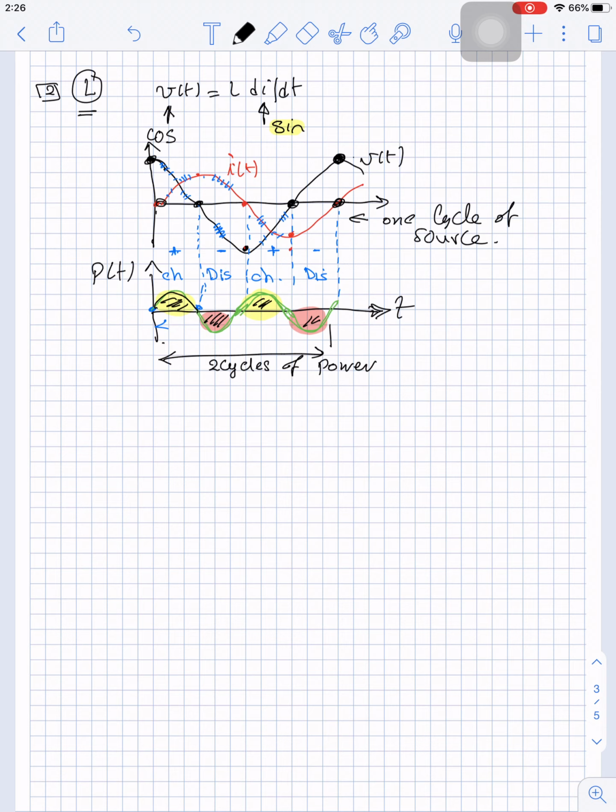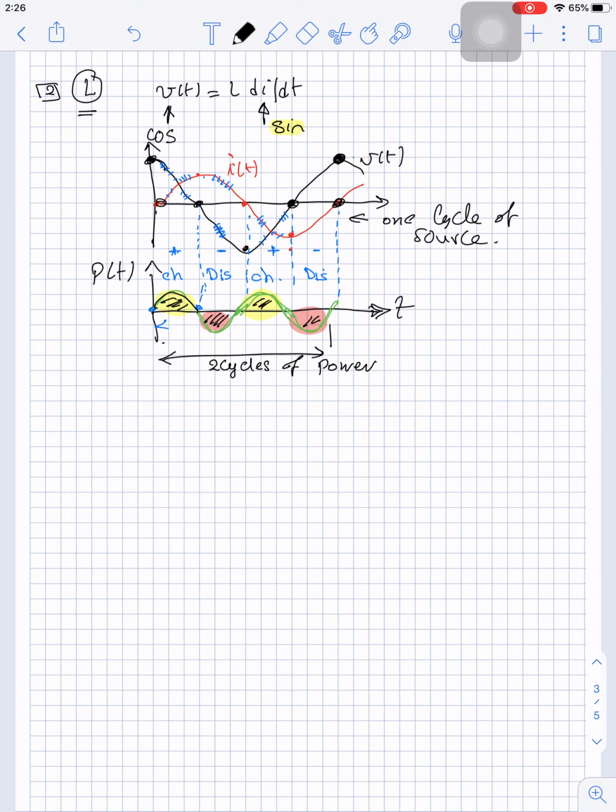It's an interactive power. The source gives the load the power, the load takes the power, then it gives it back to the source. What is the benefit? We will know the benefit later on. But on average, you did nothing. You are going forward 2 meters, then going backward 2 meters, so you're back to the same point. So we need to give a definition for this interactive power.